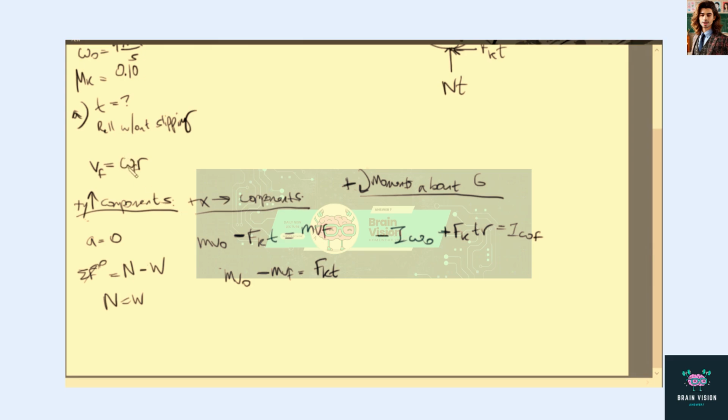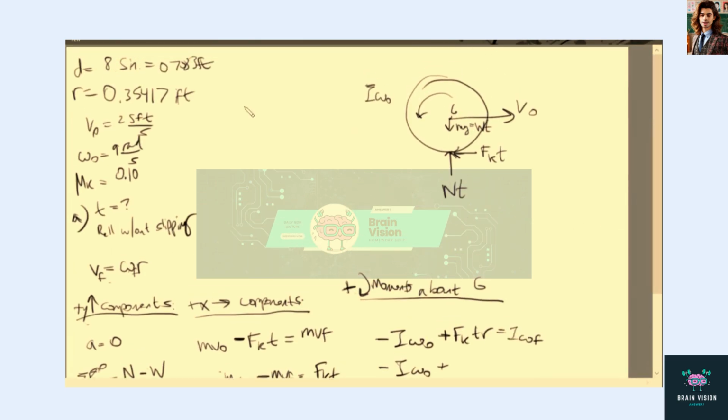So what do we say omega final is equal to? It is Vf over R. Oh, and one thing we're going to do real quick is solve for I. I is equal to 2/5 mr squared, because it's a uniform sphere. Oh, we forgot to solve for the mass.